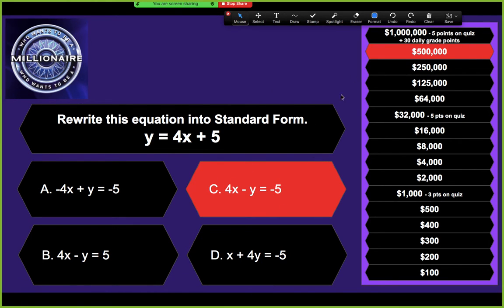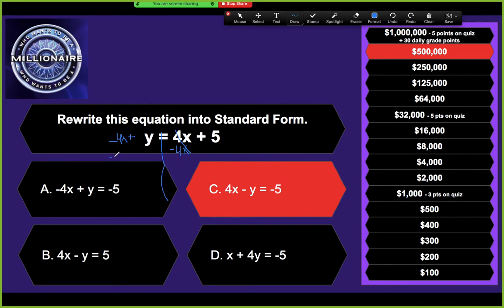So it should be this one. Let's work it out and see why. All right, remember, I want my 4x on the other side. So I'm going to subtract 4x from this side and from the other side. Okay, we do that so that these can cancel. Remember here that you're not allowed to have a negative here.